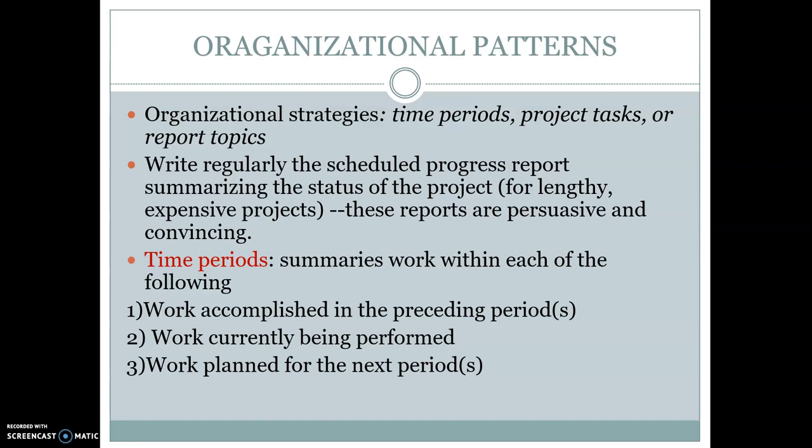And the third one is work planned for the next periods. So, a progress report should contain these three important time periods. And while these things are included in the progress report, the recipient could go through it and understand what is the situation of the project at present.